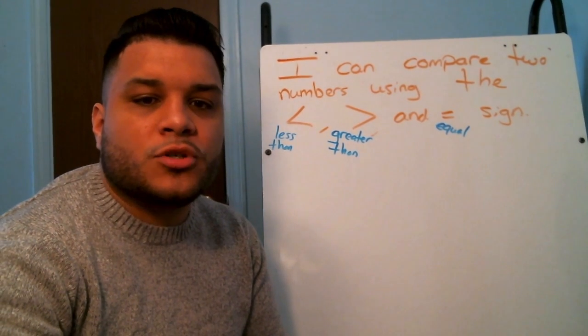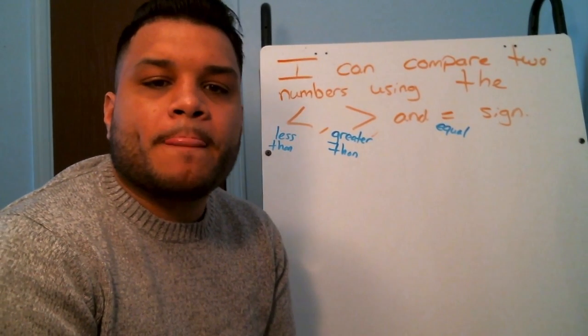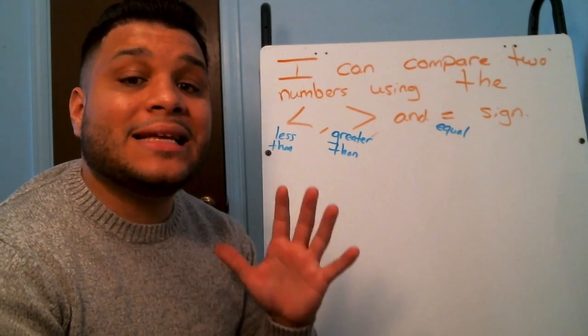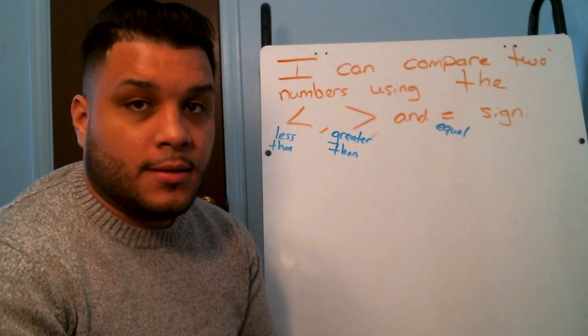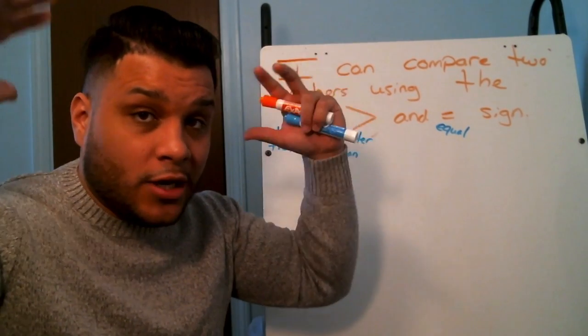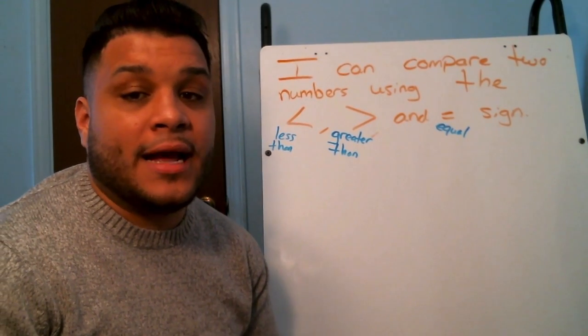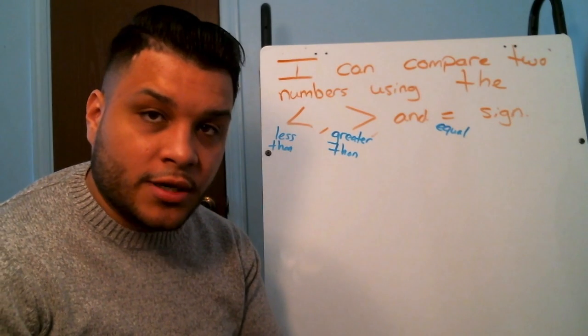Well, we should look at the tens place because 10 is always going to be greater than 1. 10 is a greater number than 1. So whenever we want to identify which number is greater, we should look at the tens place first.